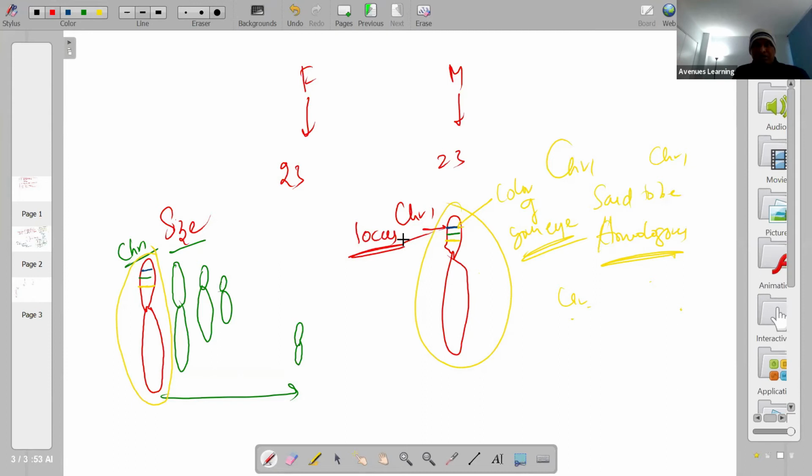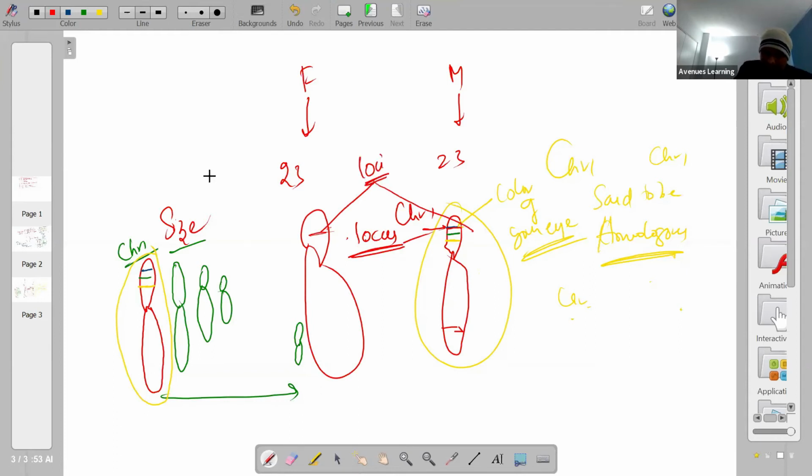Instead of saying it is here or towards the other end, we just say this locus. On the same locus on the homologous chromosome, you will have the same blue colored gene. So locus is basically saying it is present at this location. We'll say they have the same loci, the same location, on the homologous chromosomes.